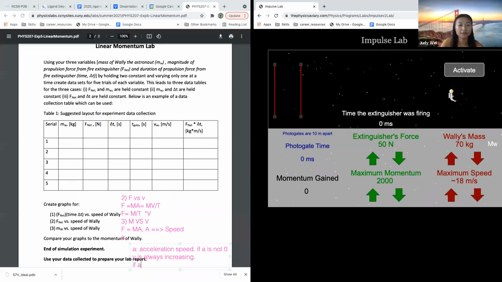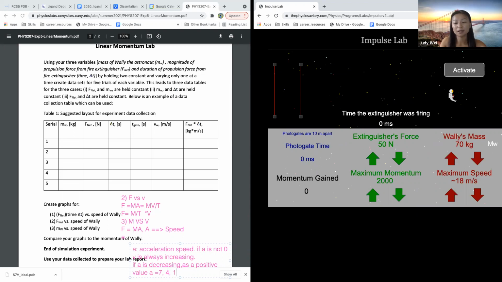If A is decreasing but still a positive value, let's say A equals 7 and 4 or 1, like that.